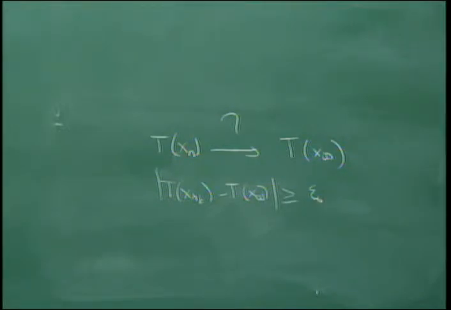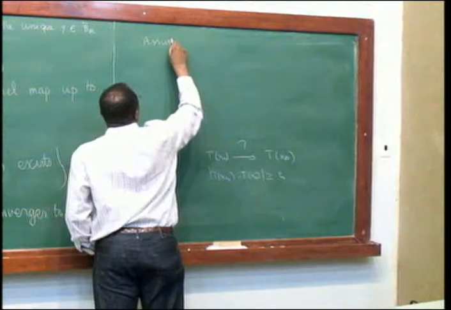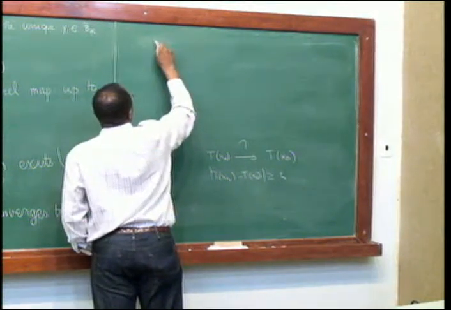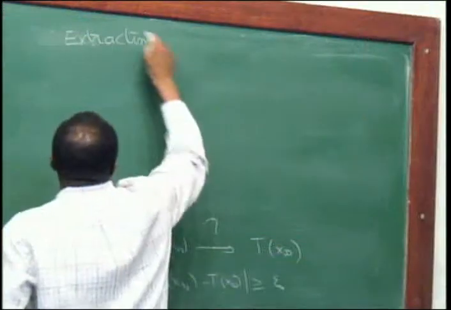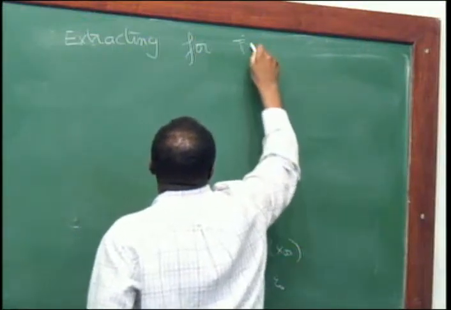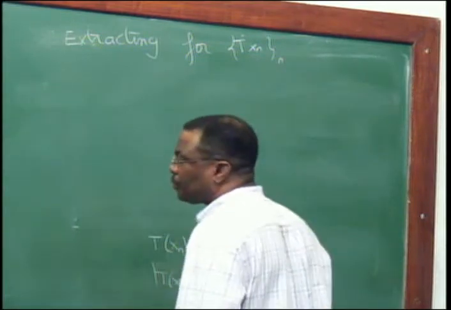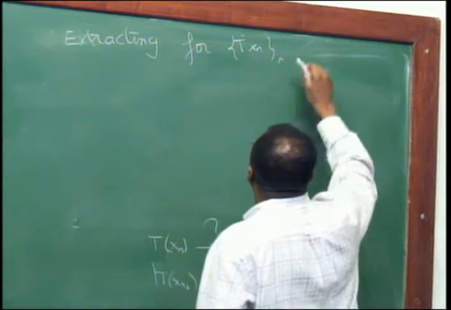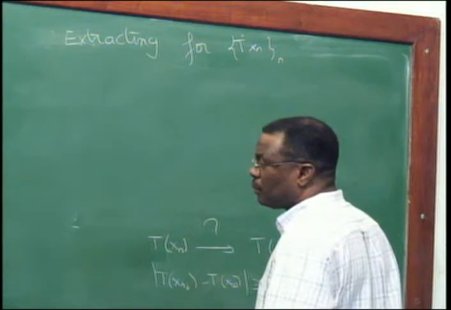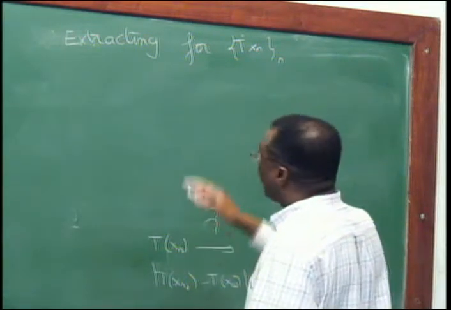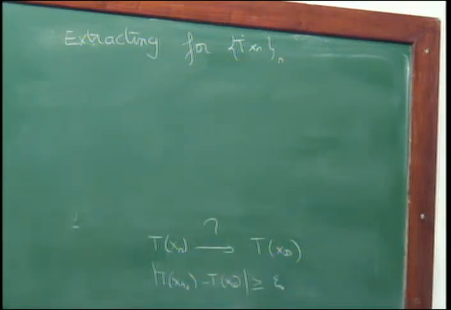So assume without loss of generality, extracting from T of S_n. Why can I extract a subsequence?